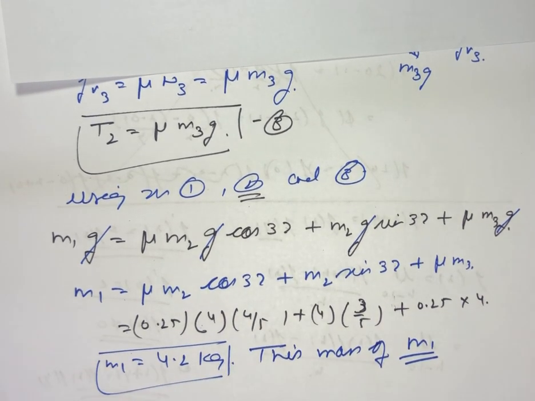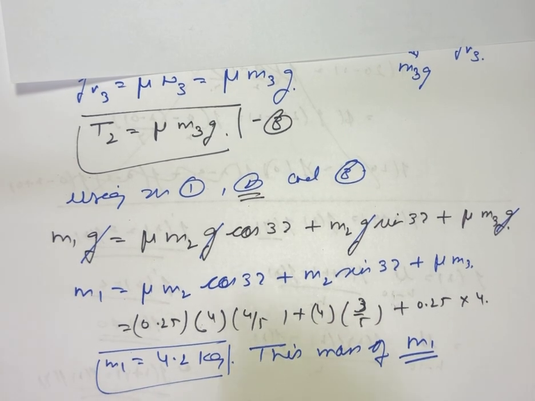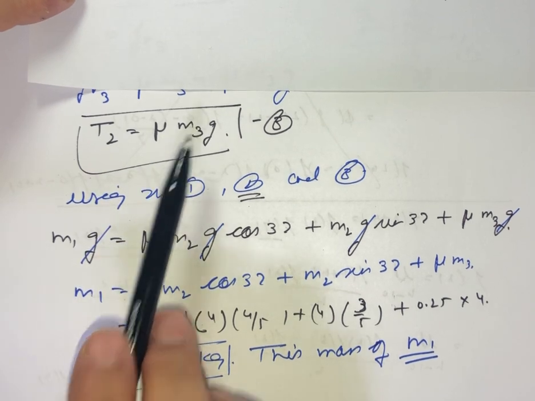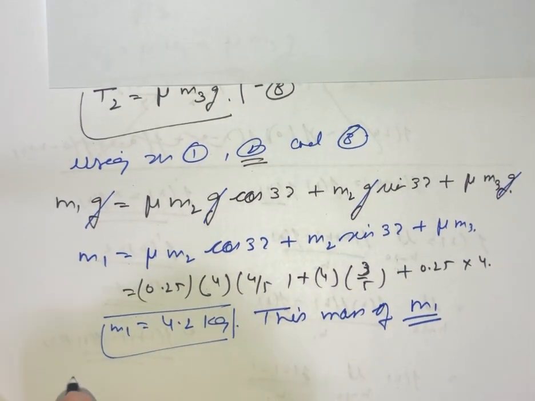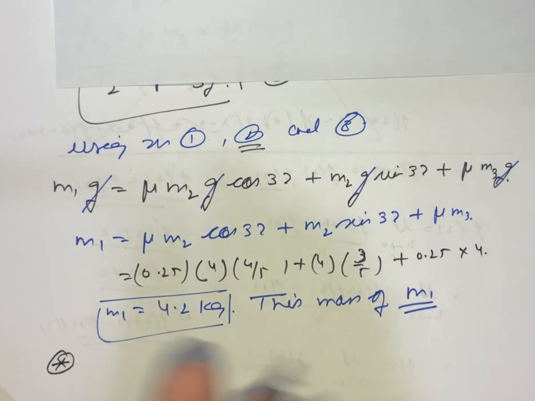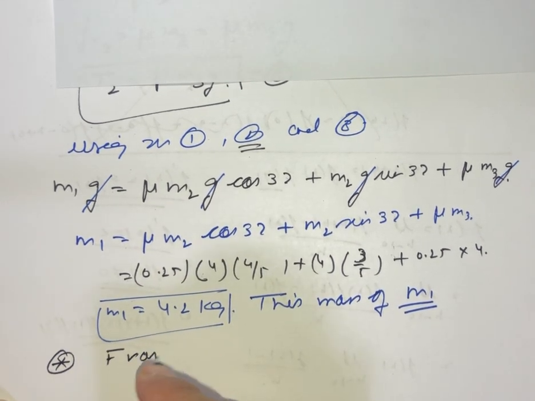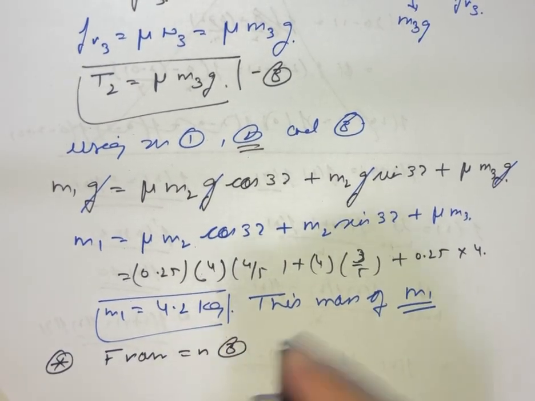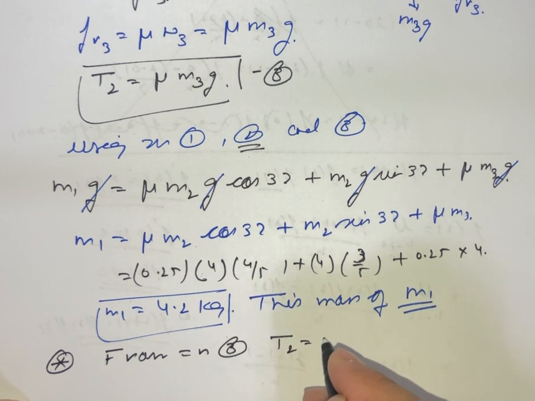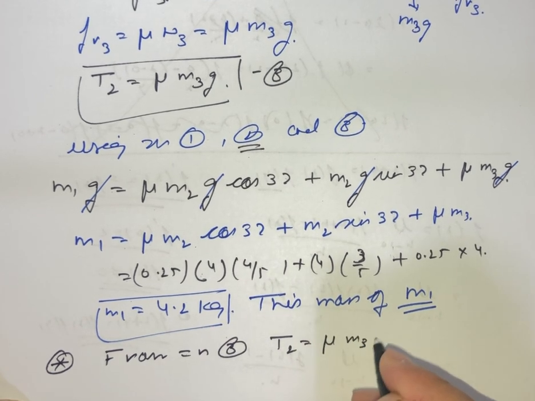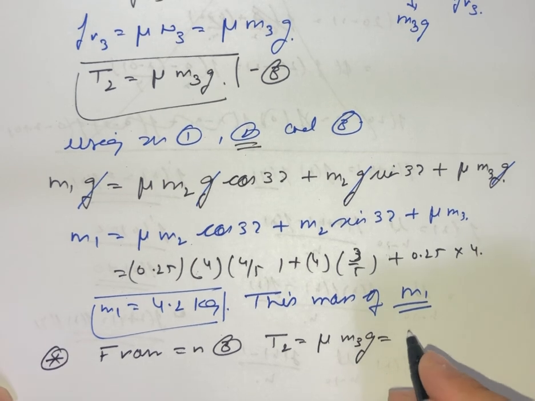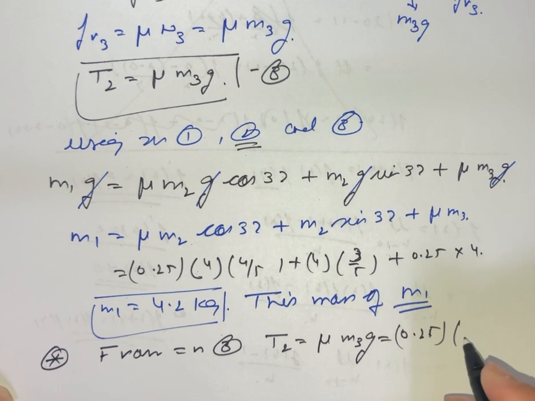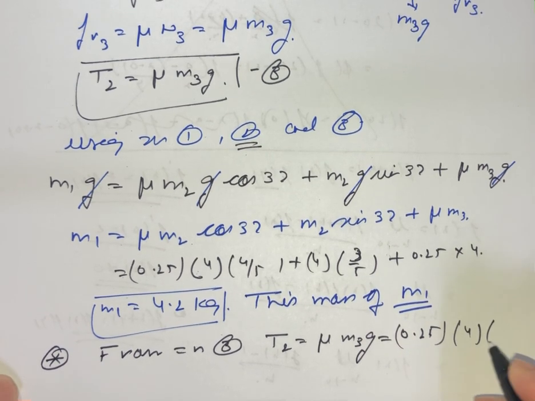And lastly, it is asked to find the tension in the horizontal portion of the string. We already know from equation 3 that T2 is equal to mu m3g. Mu is 0.25, m3 is our 4, and g is our 9.8.